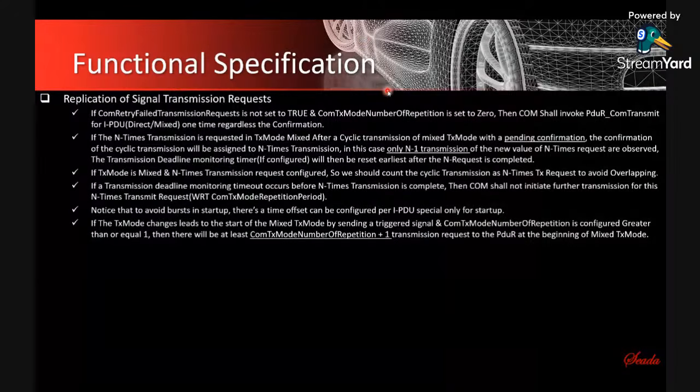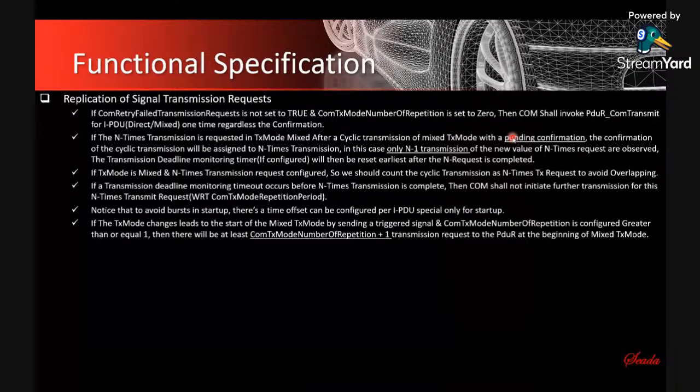Then, if n-time transmission is requested in a transmit mode after a cyclic transmission of mixed transmit mode with a pending confirmation, it seems complex to understand, but simply: you initiated a transmission of a message and you were waiting for the confirmation for this message, and there is a repetition cycle configured for this message.